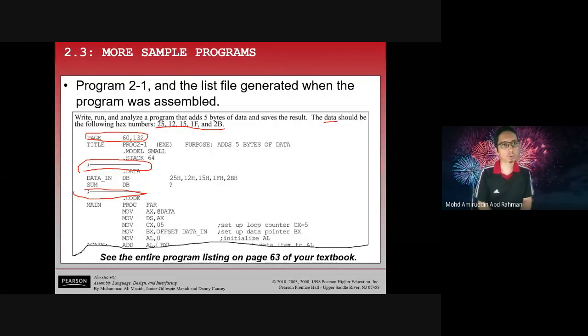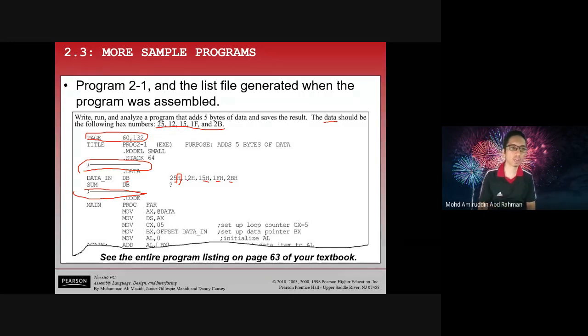So we define the data. We define byte as 25, 12, 15, 1F, and 2B. Remember that for MASM, we need to put H at the back. It is not similar to debug, because debug is already designed for hex programming, but MASM is designed for decimal programming.